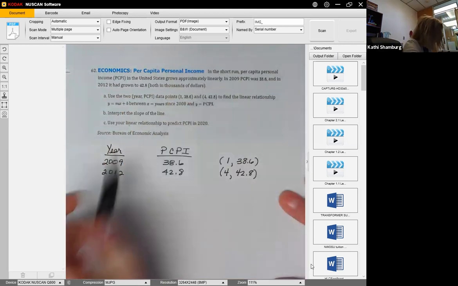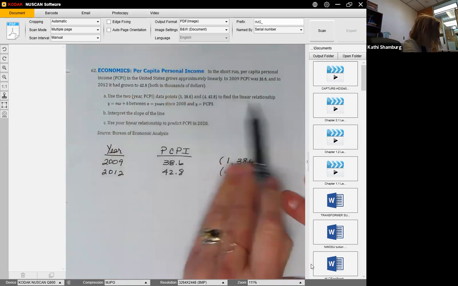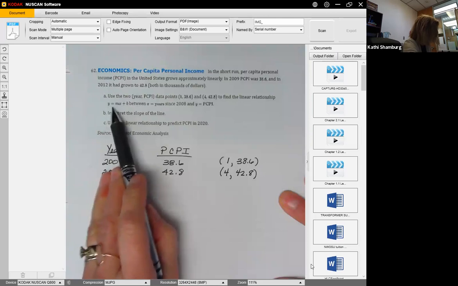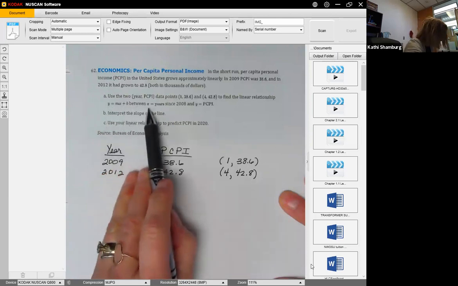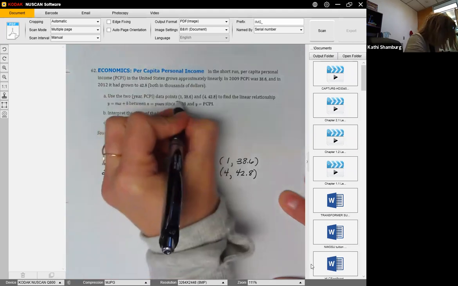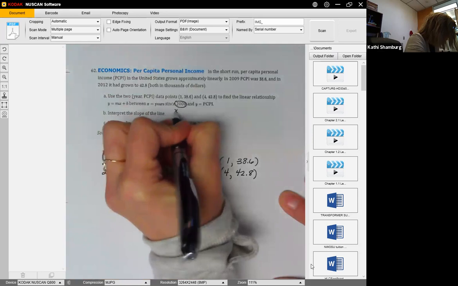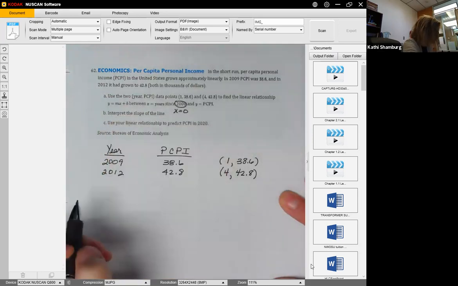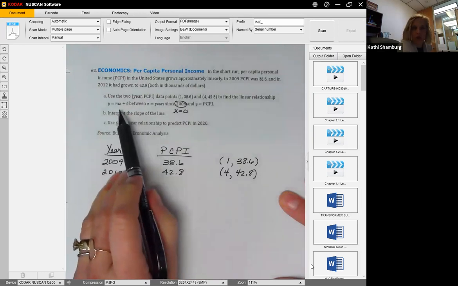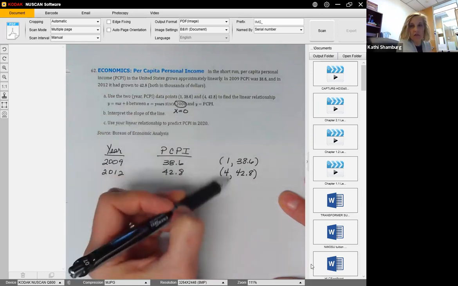Okay, so it says to find the linear relationship, this is part A, y equals mx plus b, where x is years since 2008. So 2008 is when x equals 0. So it wants us to put it into a linear equation. Well, notice, I don't have the slope yet, but I can definitely find it.